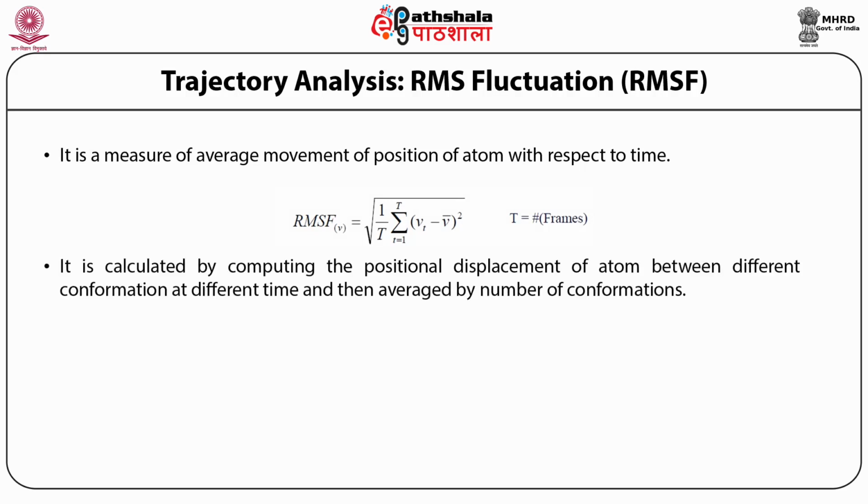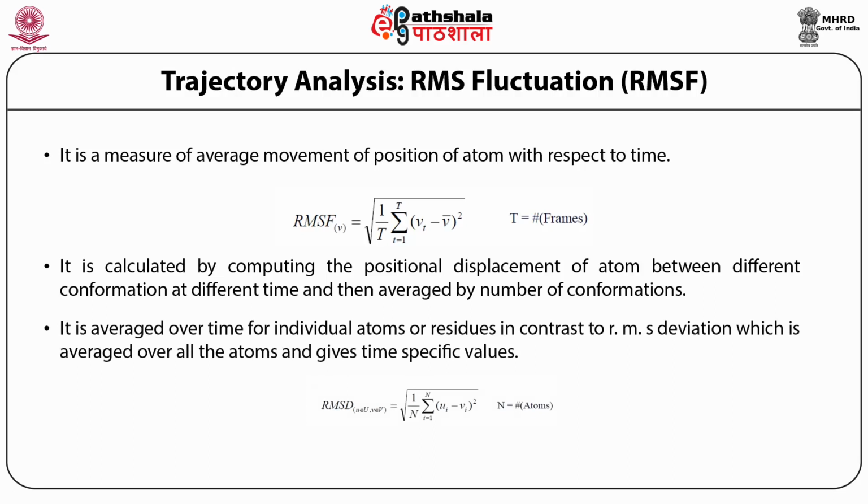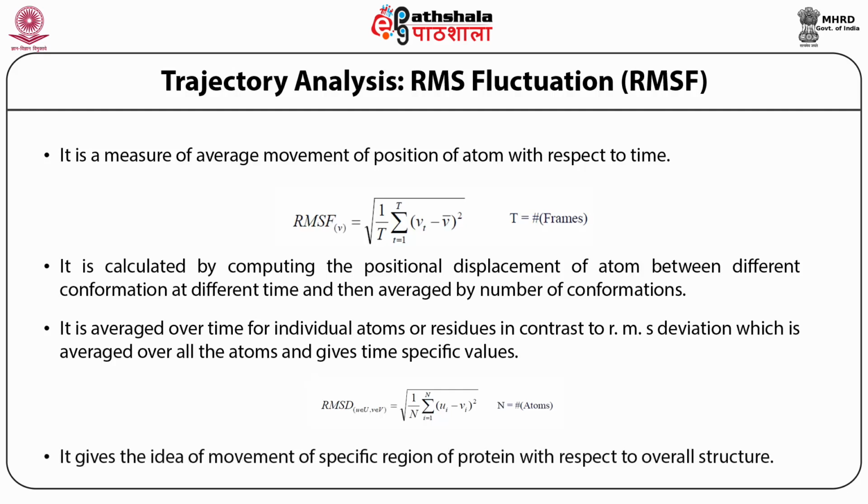This is calculated by computing the positional displacement of atoms between different conformations at different times and then averaged by the number of conformations. It is averaged over time for individual atoms or residues, in contrast to RMS deviation, which is averaged over all the atoms and gives time-specific values. It gives the idea of movement of a specific region of protein with respect to the overall structure.